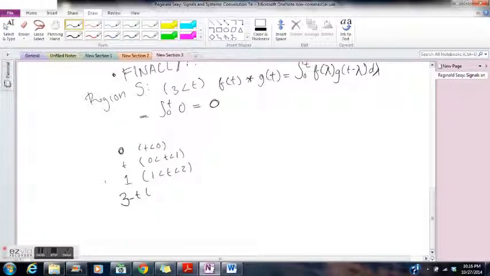And this is our region 4, and that is from 2 less than t less than 3. And then 0, which is where it exits, and we have 3 less than t. Alright, and there's our convolution.